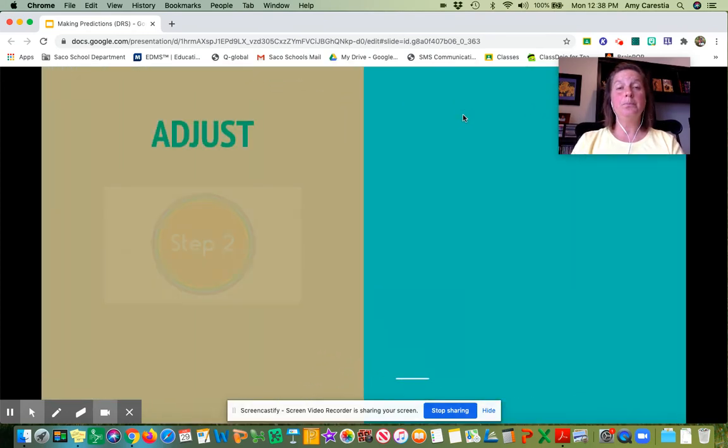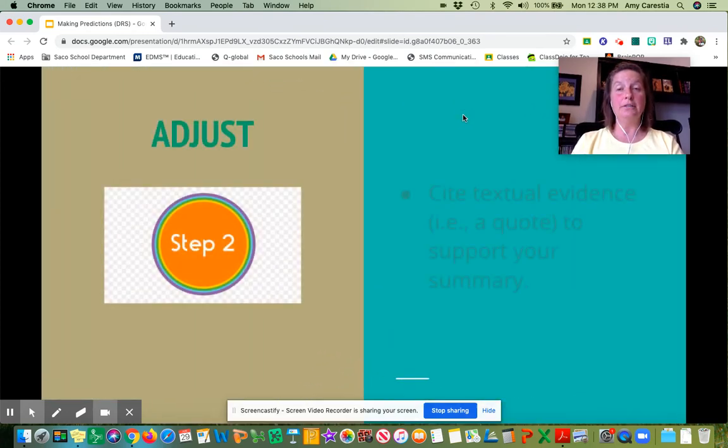Step 2 of adjusting your prediction is finding textual evidence in the form of a quote to support your summary. So say your prediction was, I predict that the main character, Scrooge, is going to remain grumpy. And you find out truly after reading it that the main character Scrooge was very joyful.